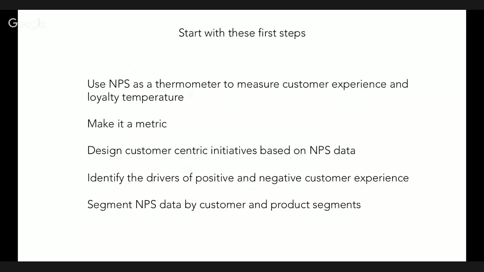Additionally, product segments could be something that can be used for segmenting your NPS data. Yeah, so these are a few first steps to use when you are using your NPS data.